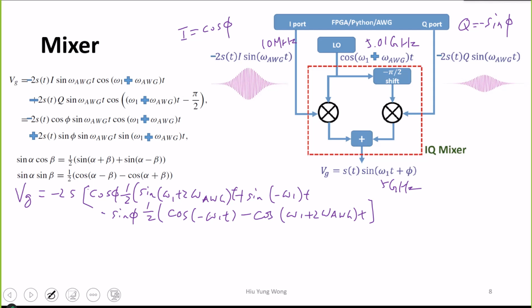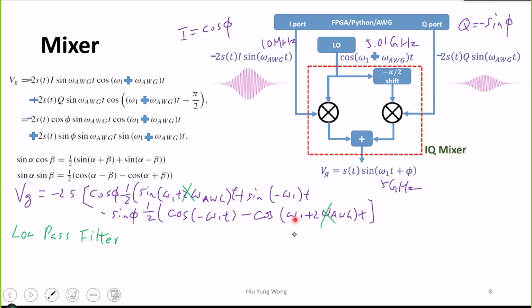Now, here I should add a low pass filter. I did not say that. So now we are going to add a low pass filter. A low pass filter is going to remove the high frequency term, right?